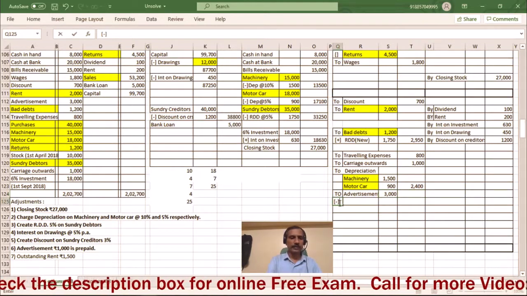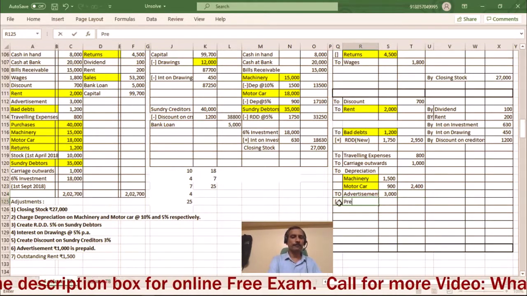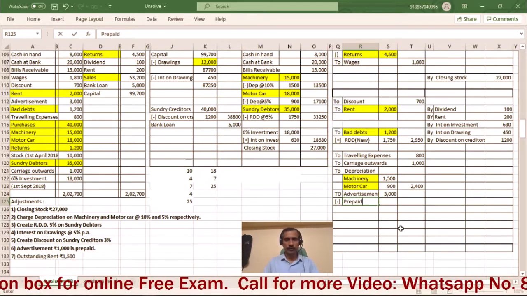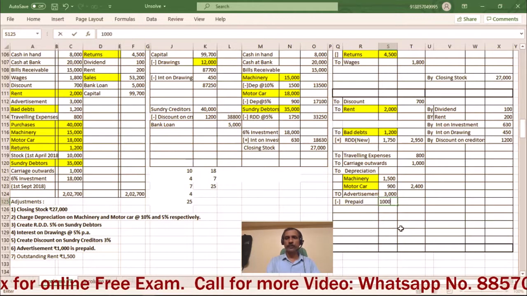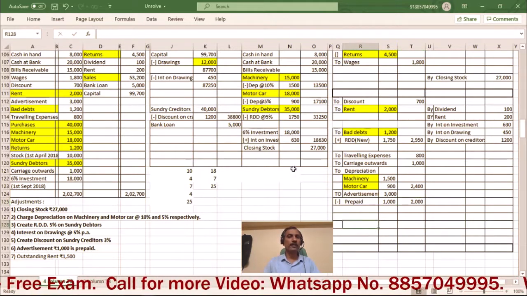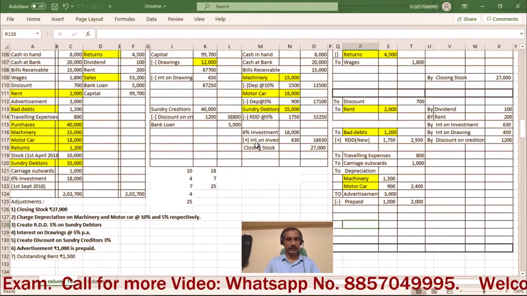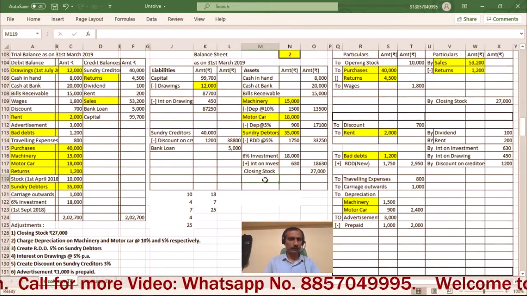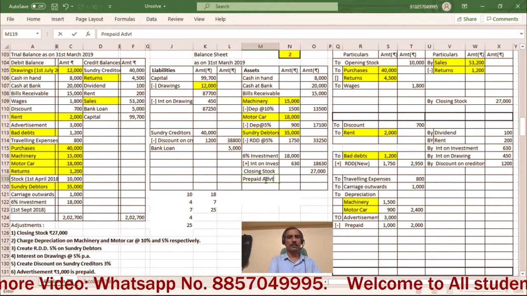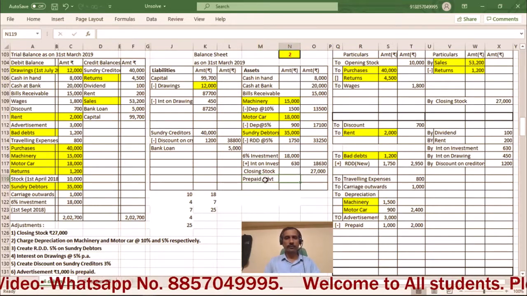Here, less by the name prepaid. The amount is 1,000, so the actual 2,000 amount we have to show on the credit side. This prepaid balance we have to show on the asset side. Let me show here prepaid advertisement, amount 1,000.